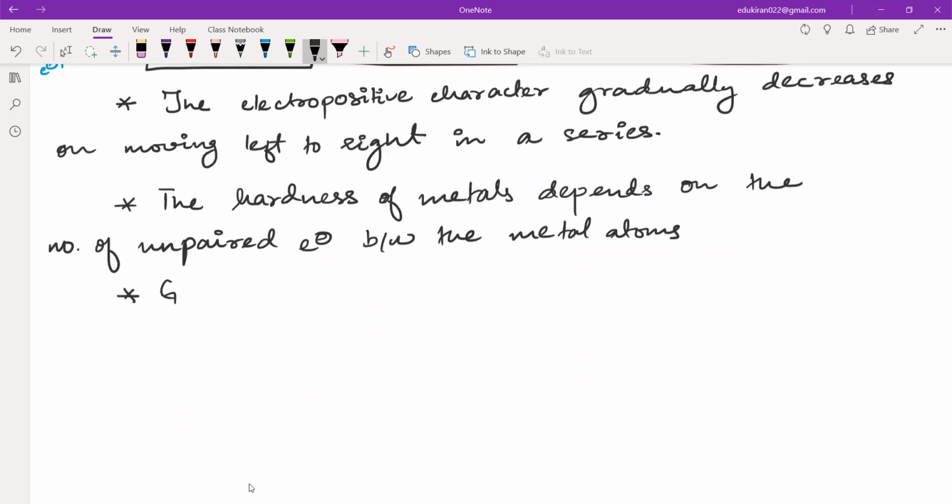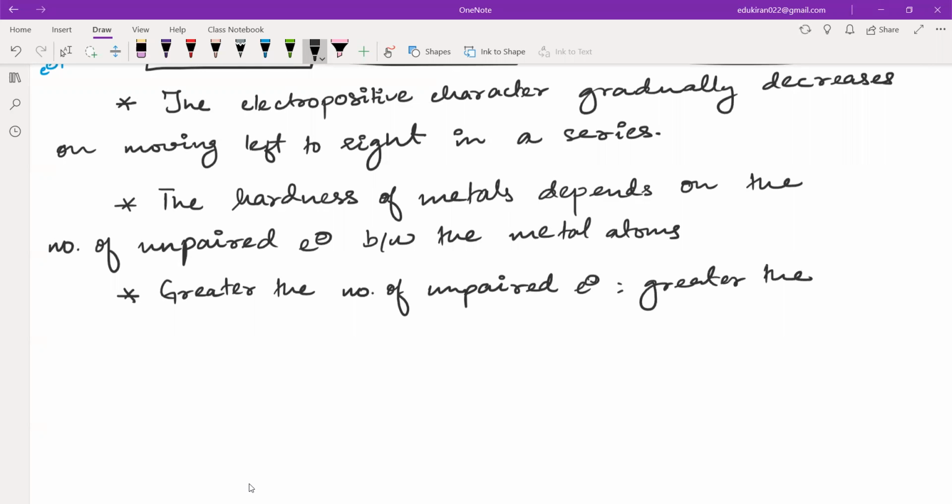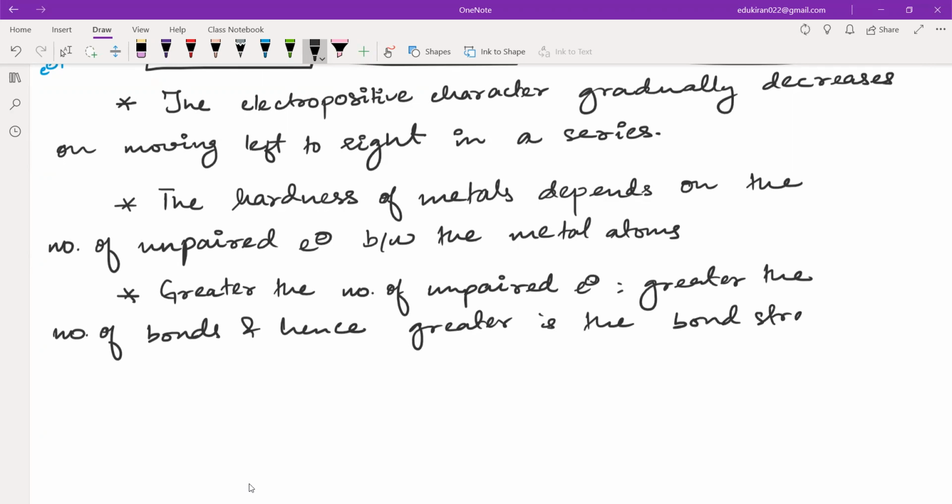We are seeing that the greater the number of unpaired electrons, the greater the number of bonds, and hence the greater the bond strength.